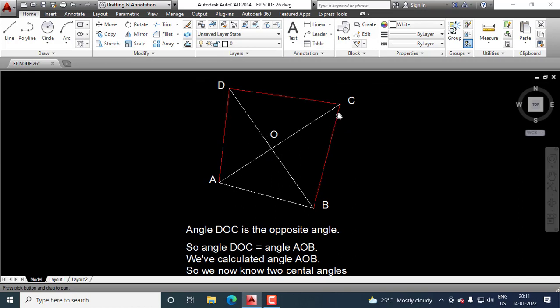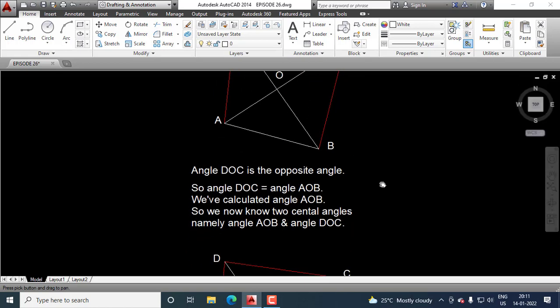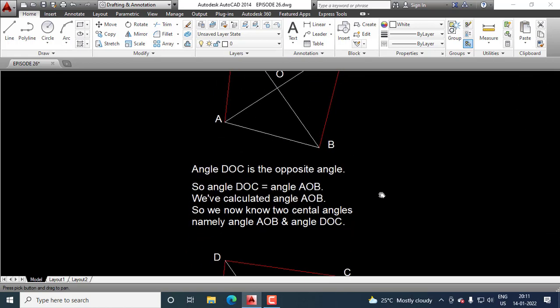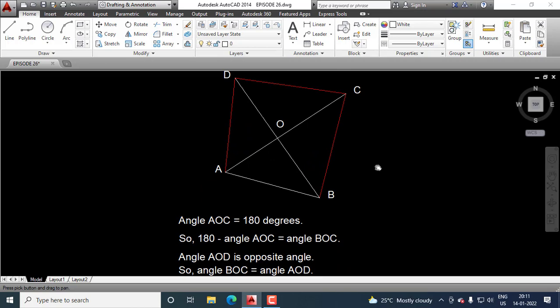Angle DOC is the opposite angle. Therefore, angle AOB is equal to angle DOC. That means we found out these two angles. These two angles are to be found out. Angle AOC is 180 degrees because this is a straight line.